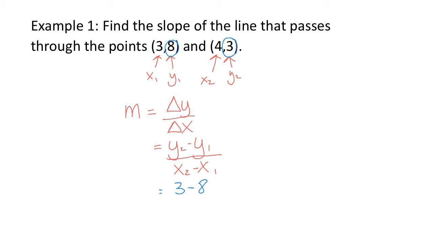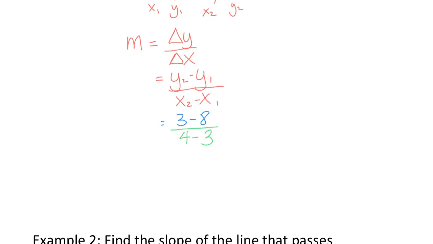For my x2, I have 4, and x1, I have 3. So I have 4 minus 3. And now all I need to do is simplify. So from here, I know 3 minus 8 is negative 5. 4 minus 3 is 1. So therefore, the slope is equal to negative 5, or negative 5 over 1.